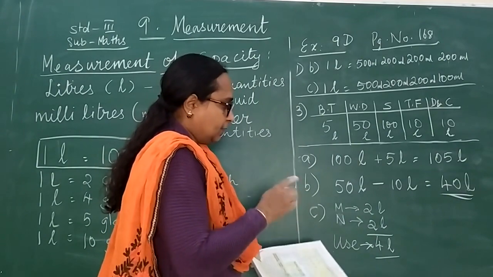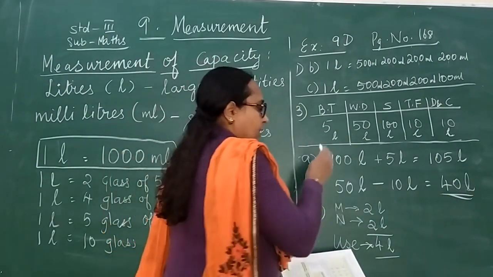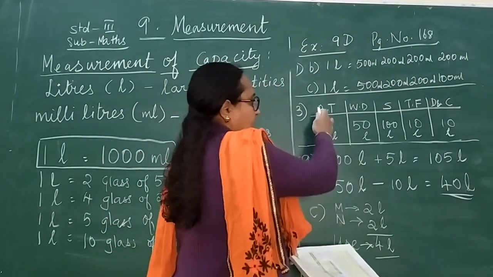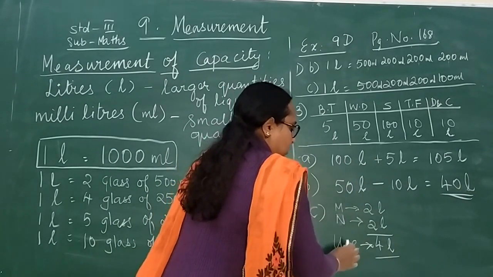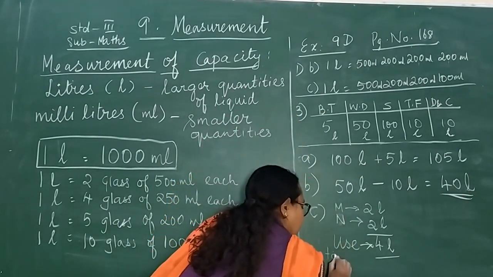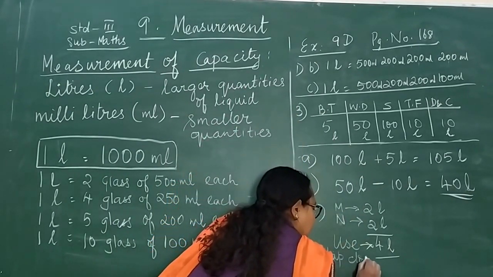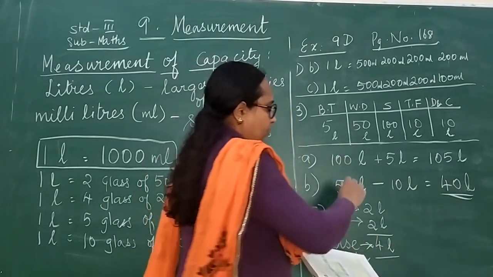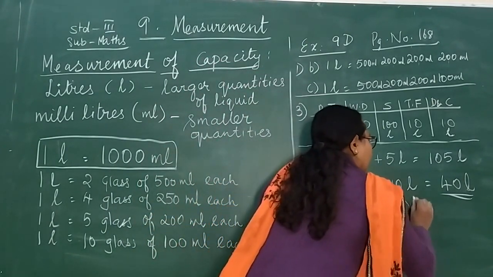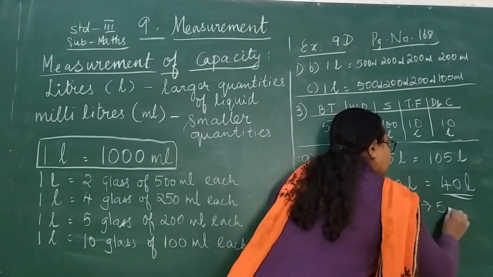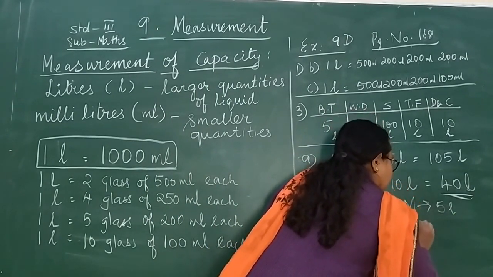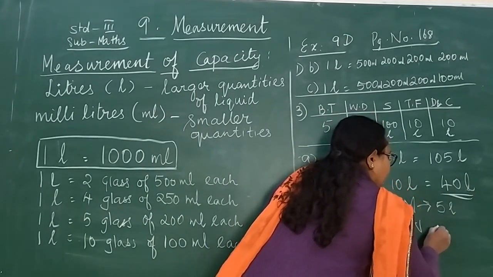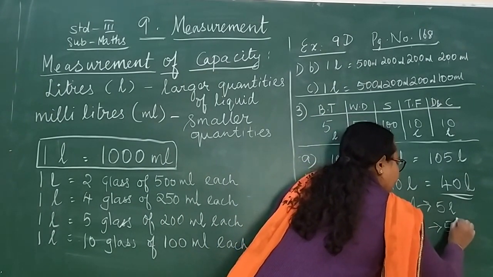Now what they actually ask is how much you will use without saving. Now we will see morning with the tap open you will use 5 liter. Night with the tap open you will use 5 liter.